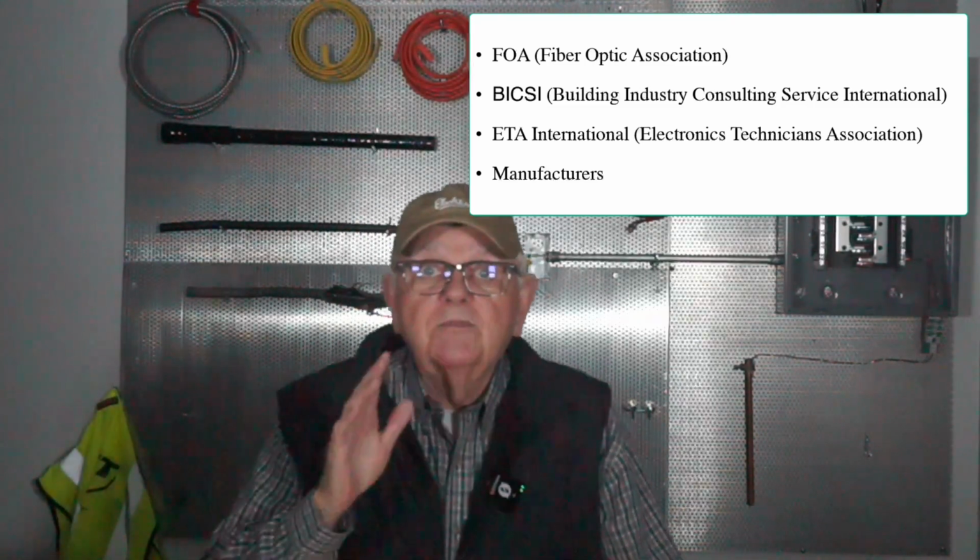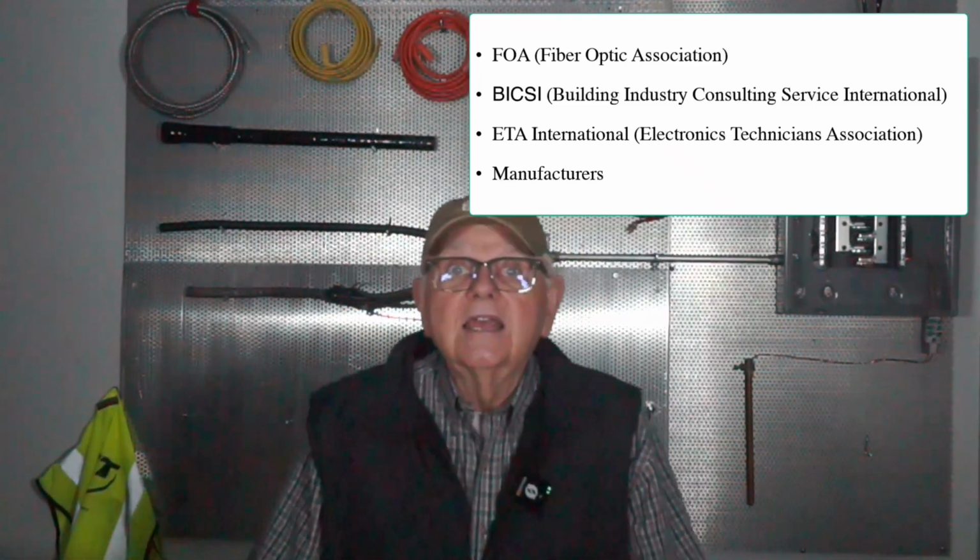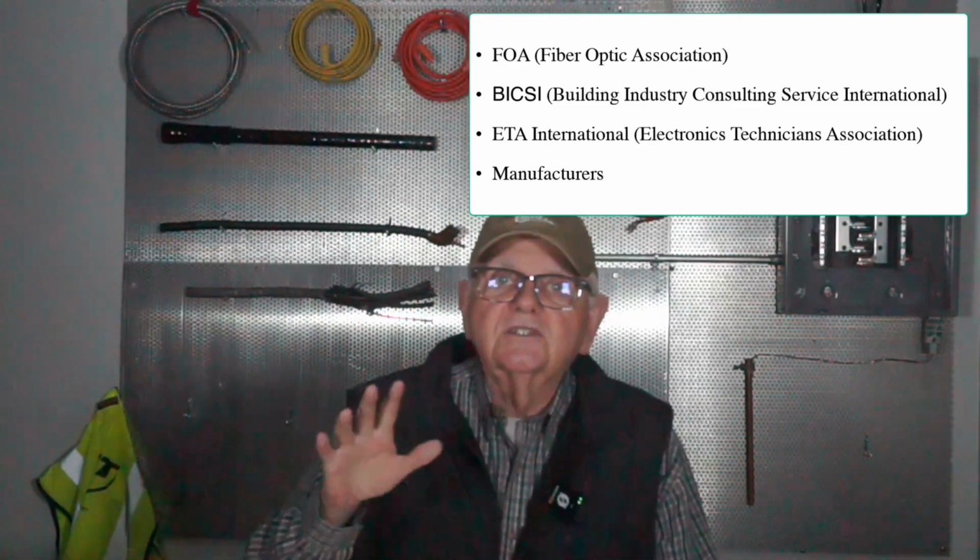BICSI, the Building Industry Consulting Service International. They also provide certification. The ETA International, the Electronics Technicians Association, also provides certification. All of these organizations require training, and you demonstrate your skills and your knowledge on this fiber optic terminating and splicing and so forth, and then you become certified.